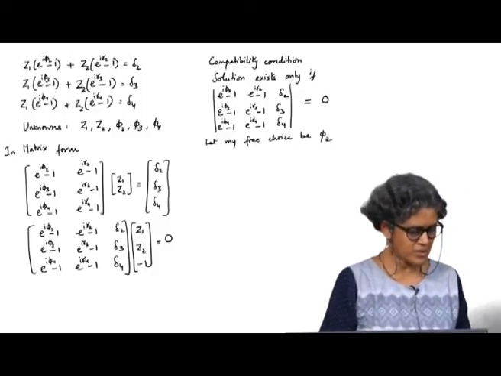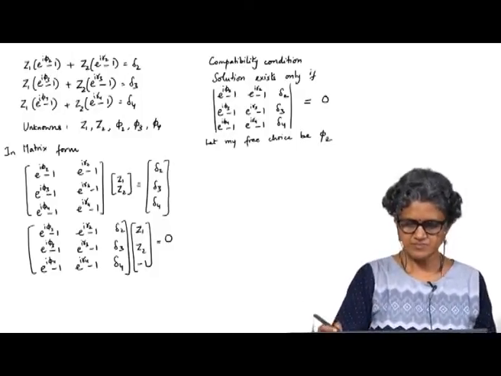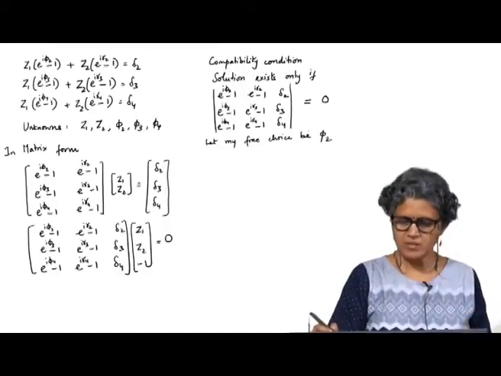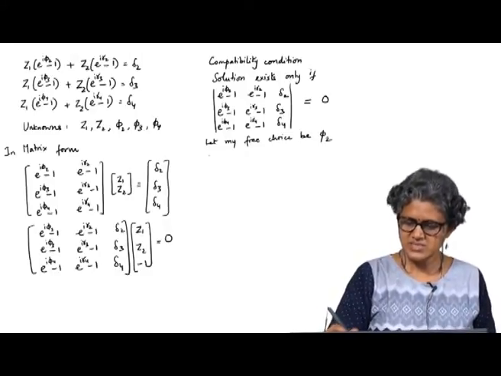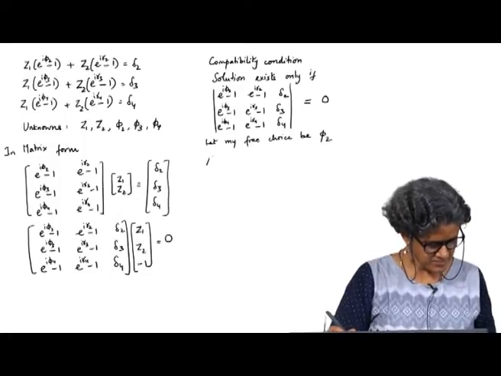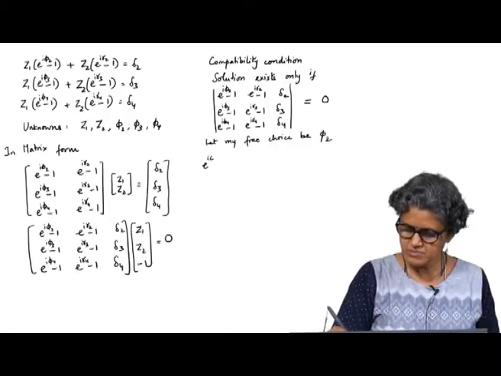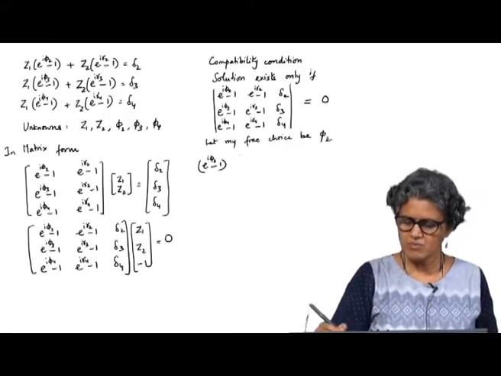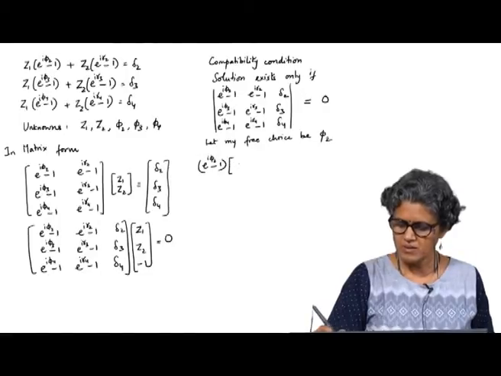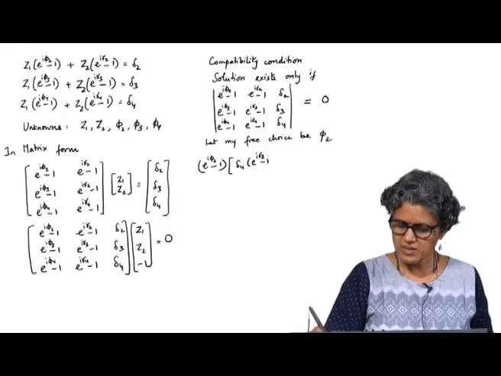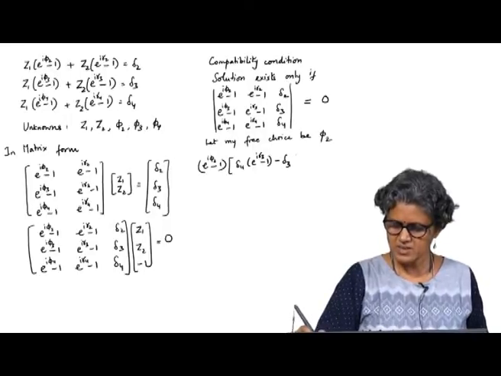I will expand about the first column. So, I can say delta, gamma 3 minus 1 minus delta 3.